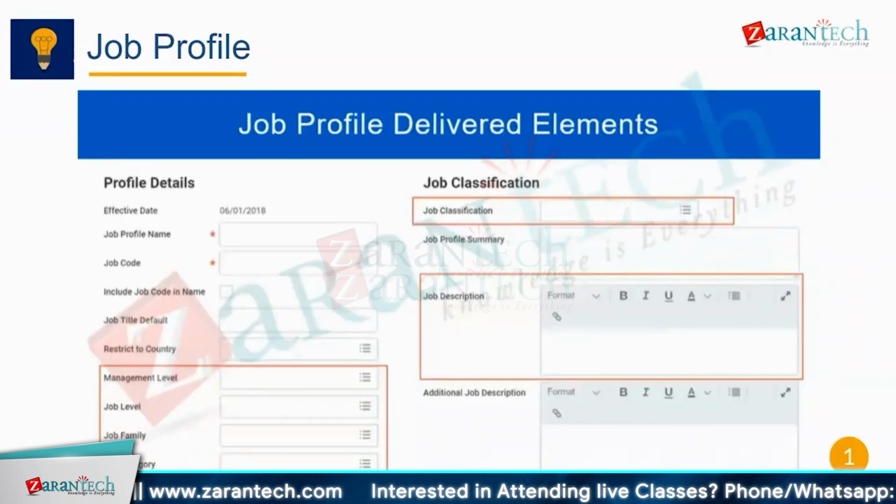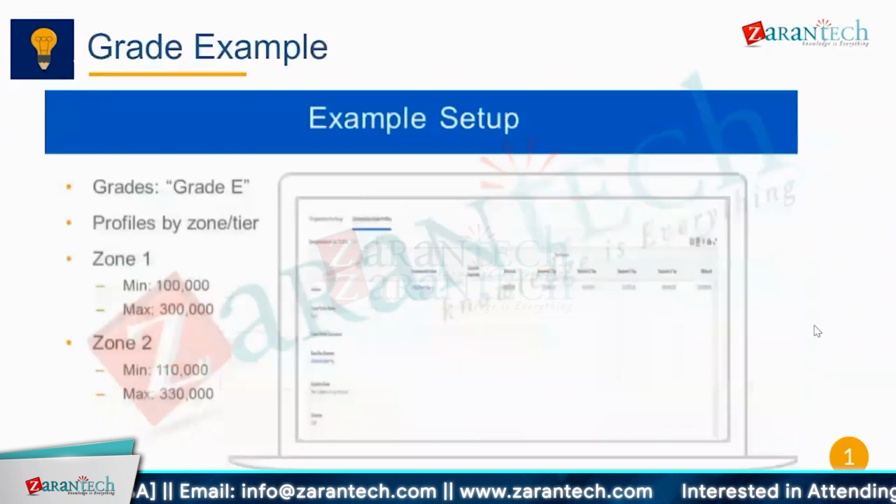So over here, they've just highlighted stuff that's tied to what we're talking about around job family, job category. So these are the higher levels, right? For the job profile, job classification, and then job description. And we'll walk through it tomorrow.